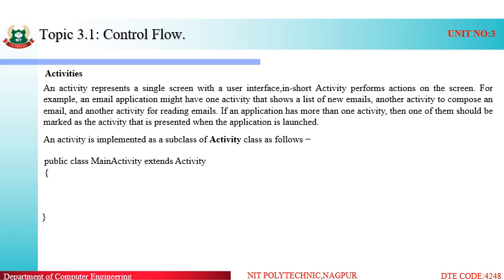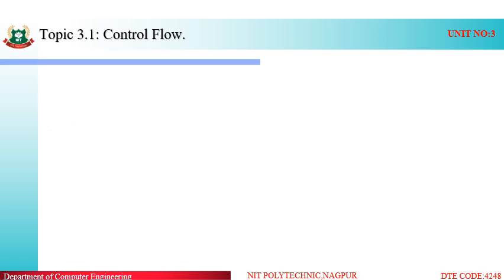So if we create 10 activities in an application, MainActivity will contain all the 10 screens, and a single activity is our activity. That means public class MainActivity extends Activity is nothing but our home page, about us page, contact us page. That's all. So this is the main syntax. Public class MainActivity will contain all the activities and it will extend Activity.